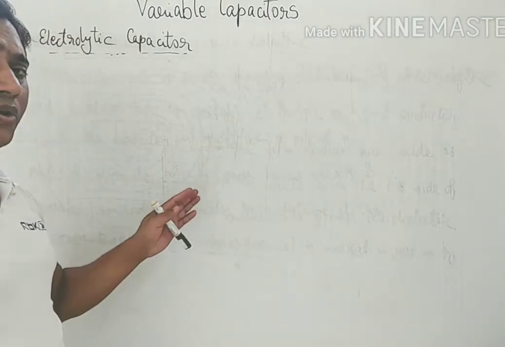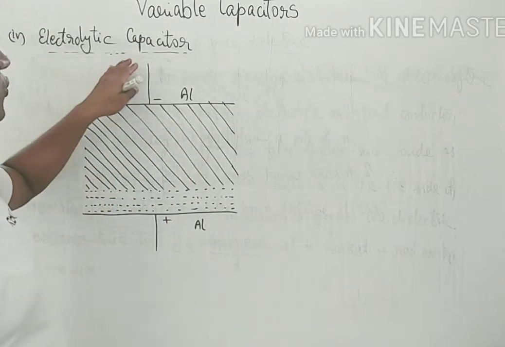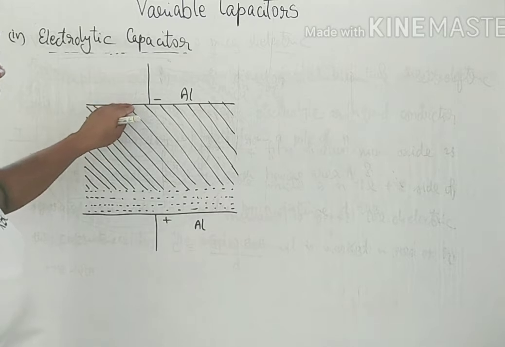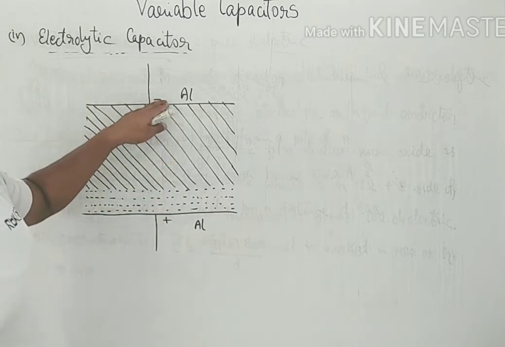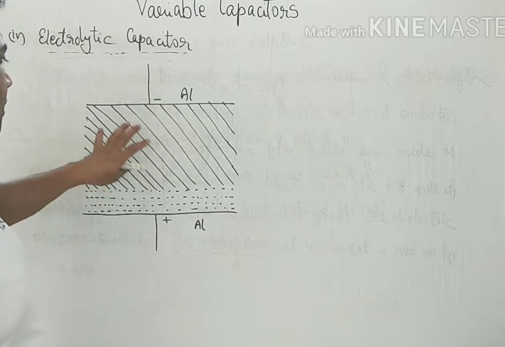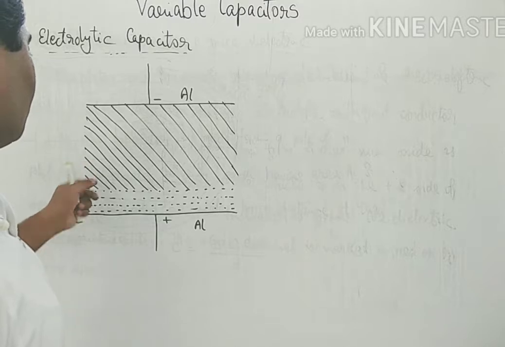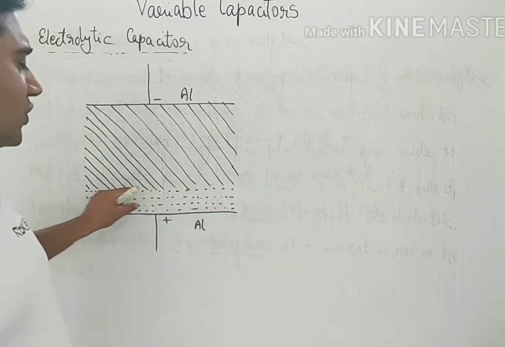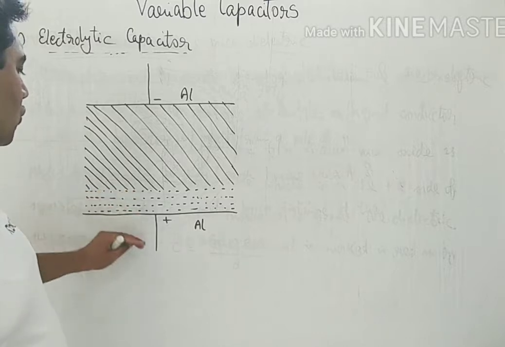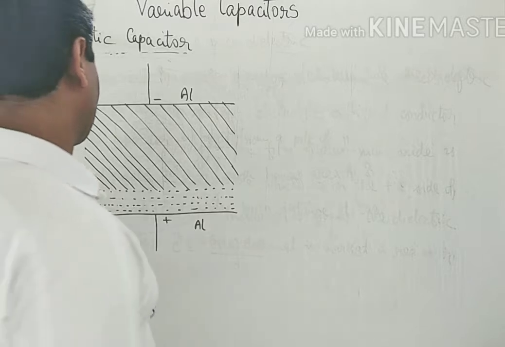Now, let's have a look. This is a general look of an electrolytic capacitor. These are two aluminium sheets given positive and negative polarity, and in between there is electrolyte material, and a thin film of aluminium oxide is formed here, towards the positive or anode side of this arrangement.